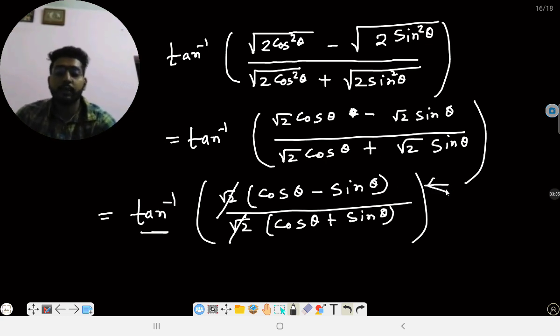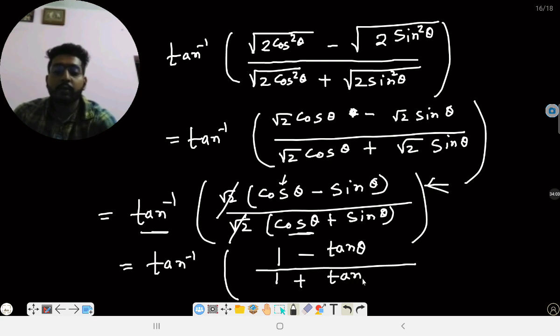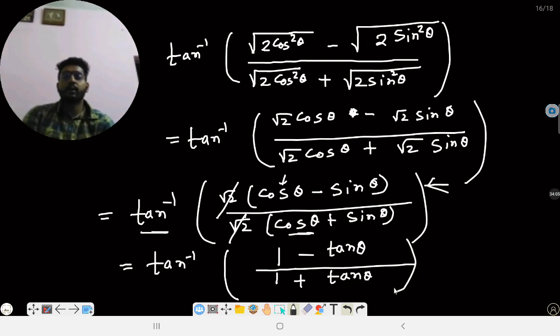We have done this type of problem. So cos theta minus sine theta, and the denominator is cos theta plus sine theta. What we need to do is divide the numerator and the denominator both by cos theta. Cos theta by cos theta is 1, sine theta by cos theta is tan theta. And in the denominator also, cos theta by cos theta is 1, sine theta by cos theta is tan theta.